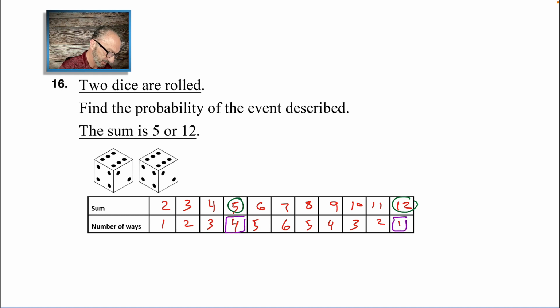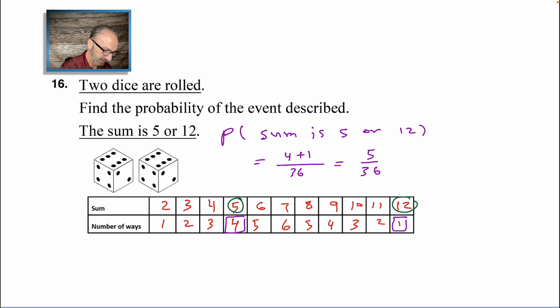So the probability of getting a sum of 5 or 12 equals 4 plus 1 divided by 36, which is 5 over 36.